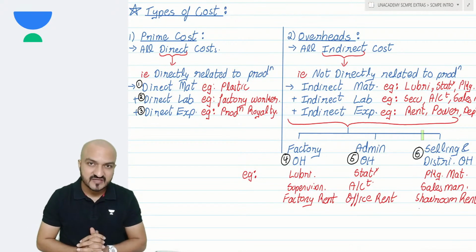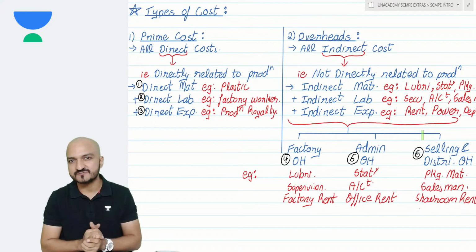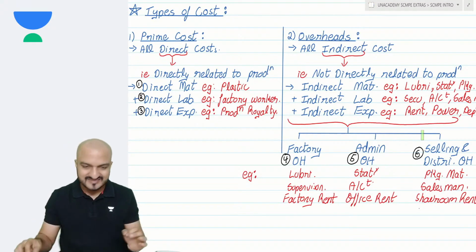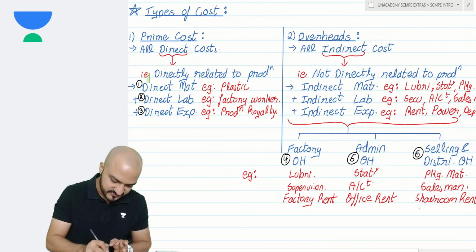If you add these 6 items, does that cover all items of cost? Yes, these 6 items cover all items of cost.